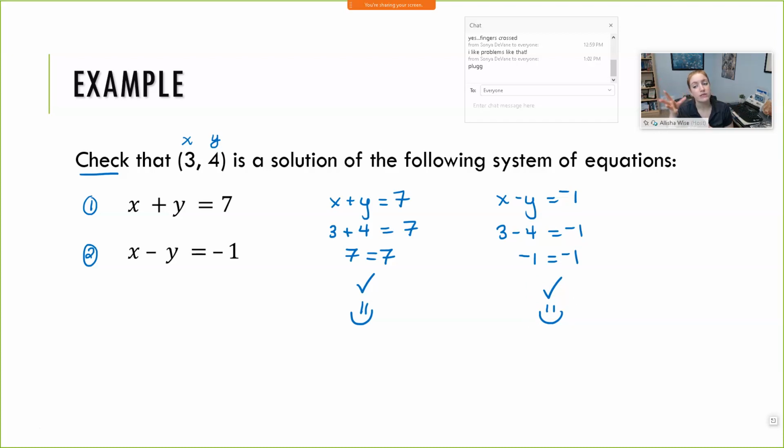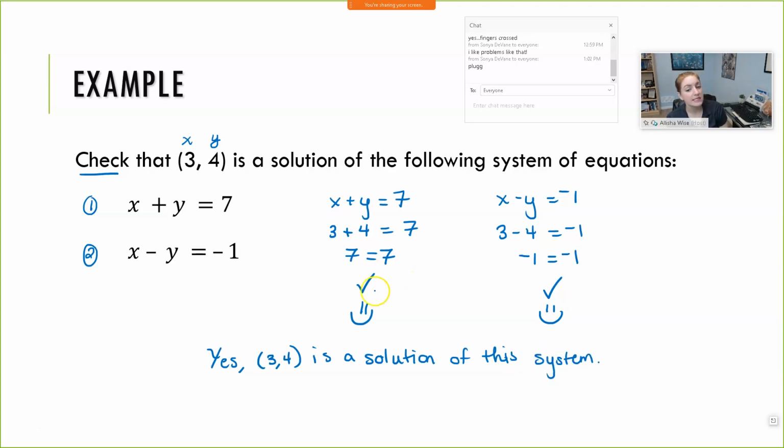Since this point works in both of our equations, we would say, yes, the point (3, 4) is a solution of this system. Now, if it worked in one but did not work in the other, that means it is not the solution of the system. It has to work in both. So make sure you plug it into both equations.